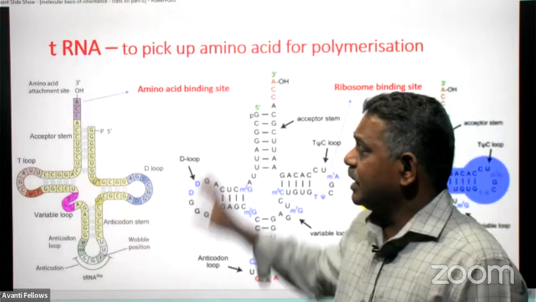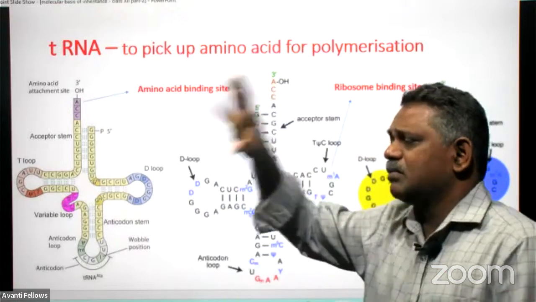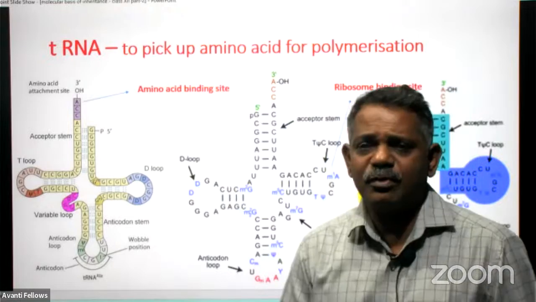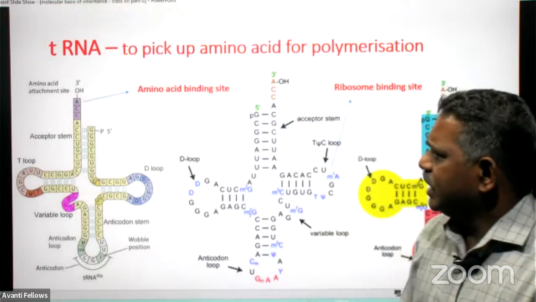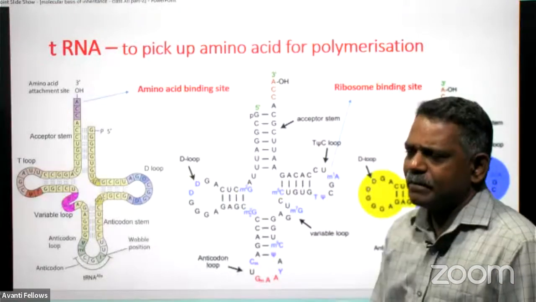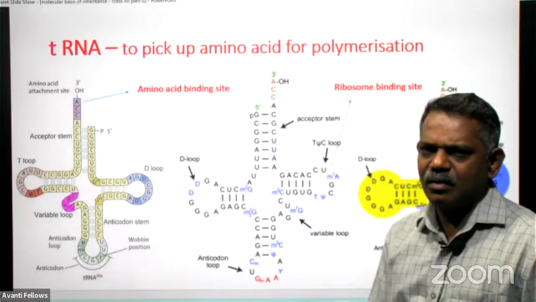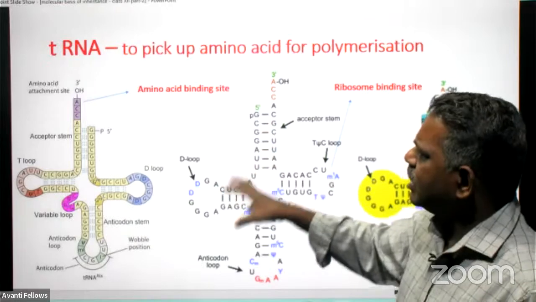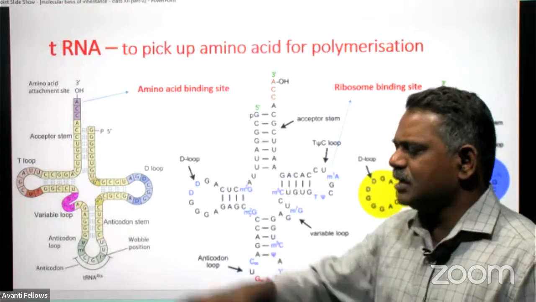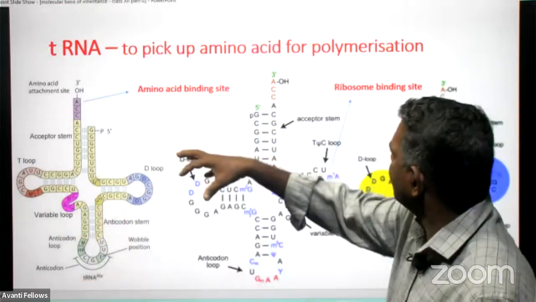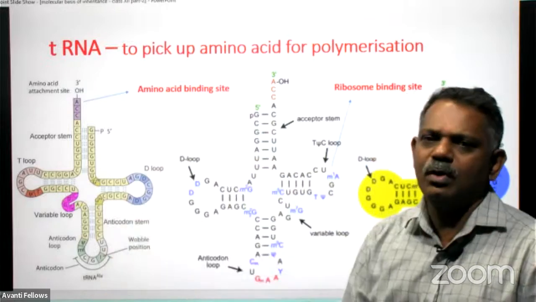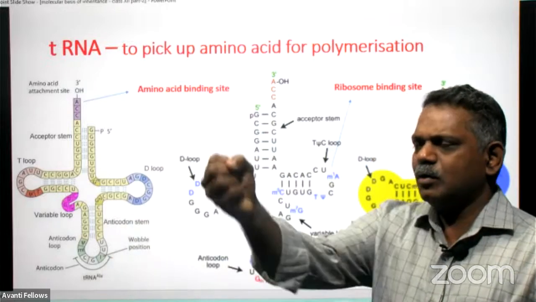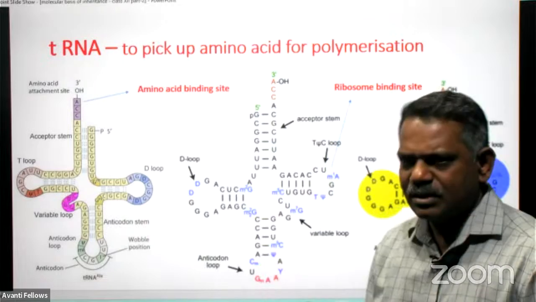Then come to the next machinery present in the cell cytoplasm for translation. That is tRNA, transfer RNA. Why is it transfer RNA? Because this RNA picks up the amino acid from the cytoplasm, or from the amino acid pool, and takes it to the site of protein synthesis.